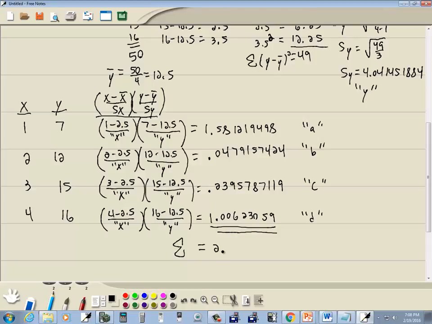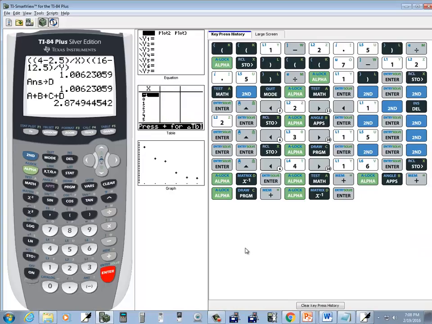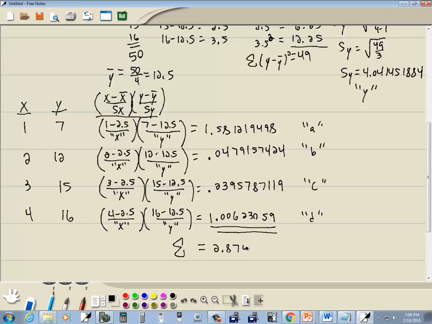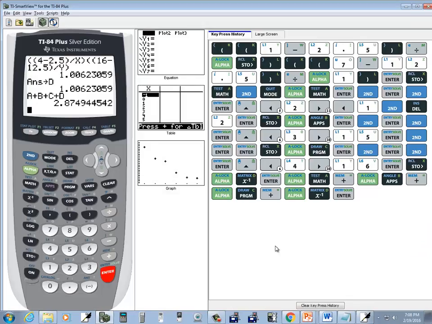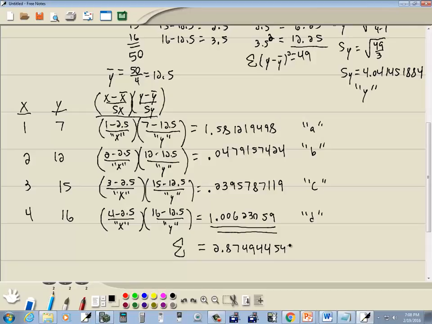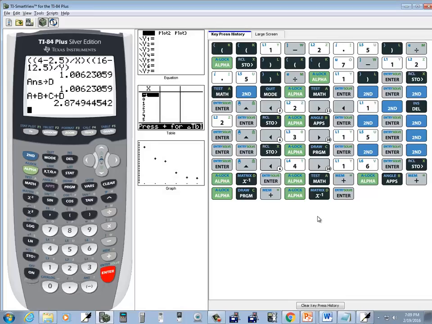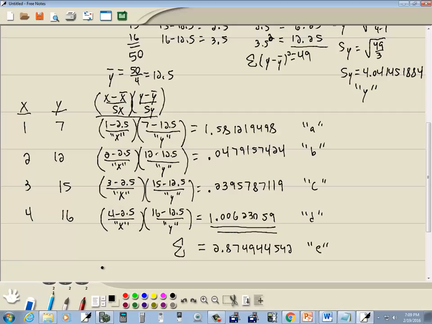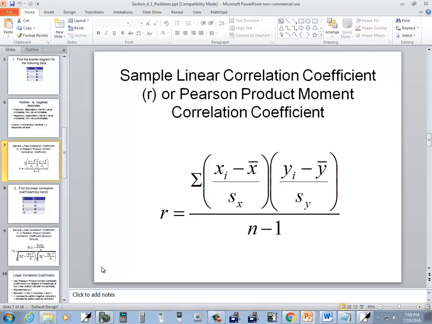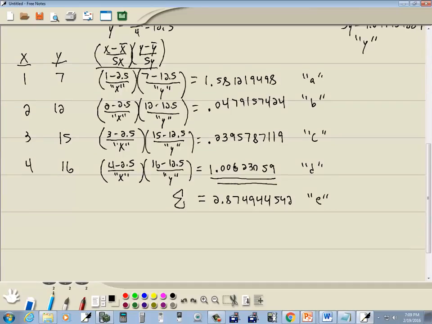And we get 2.8749444542. Now I'm going to store that off in E. So I press my store button, and then I'll do alpha E wherever that's at, above the sign, and then press enter. Okay, so now back to our formula. That says we're then going to divide by n minus 1.